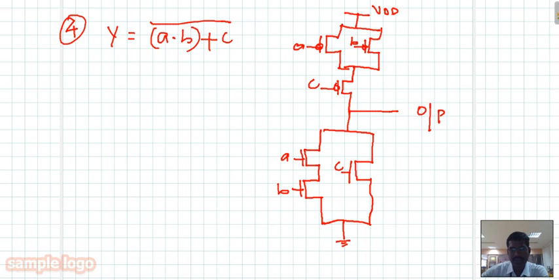So next we are going to discuss the stick diagram. In VLSI there are two kinds of layout diagram. One is what we call the stick diagram. The stick diagram will help us to draw the layout diagram. So what is the difference between a stick diagram and a layout diagram?